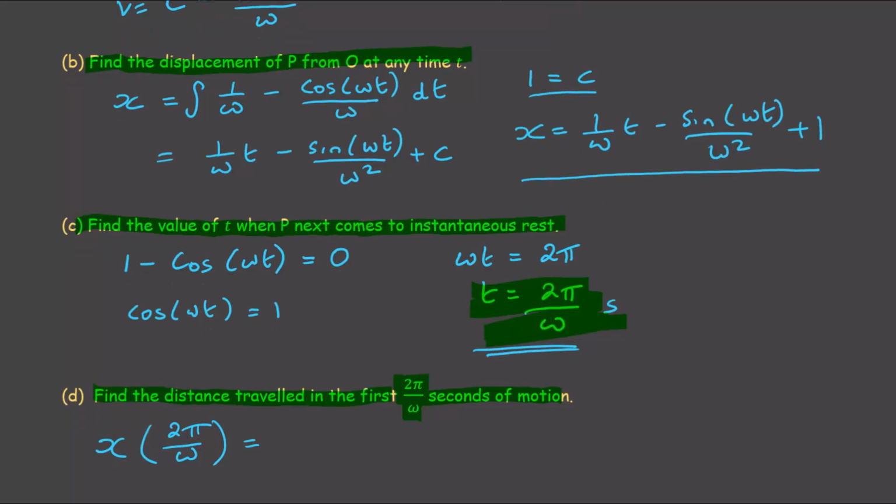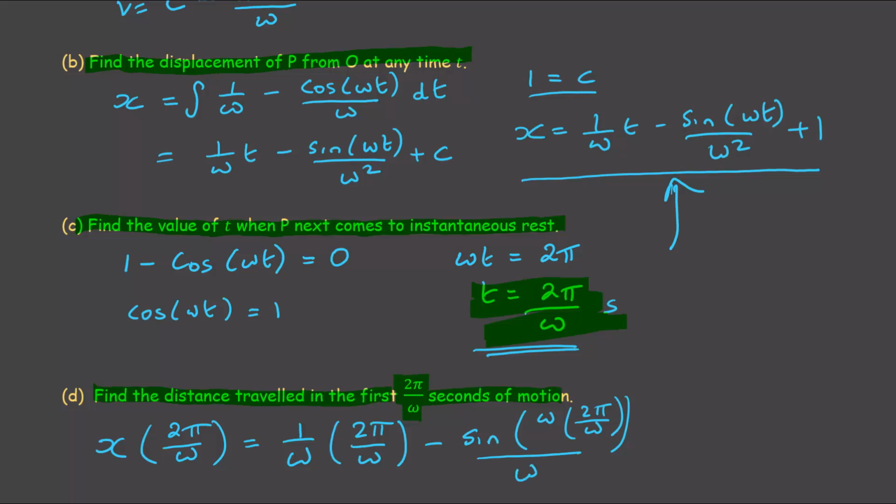So that's going to give us 1 over ω, we're substituting in here, 2π over ω, take away sine of ω times 2π over ω, divided by ω squared, plus 1.